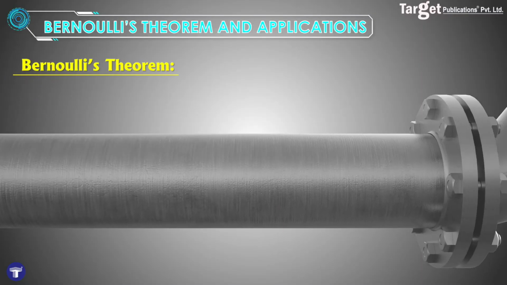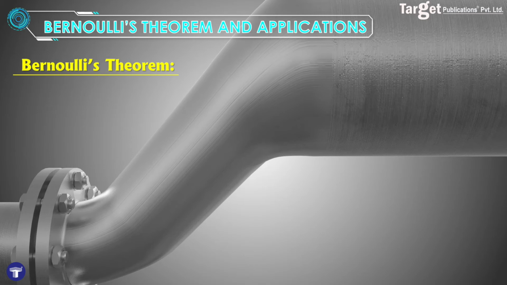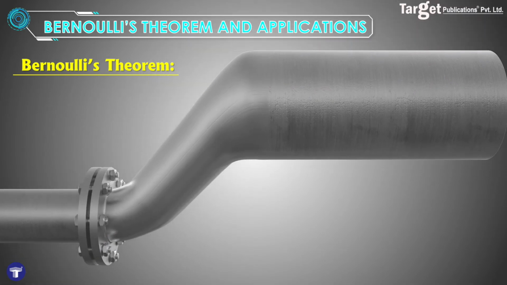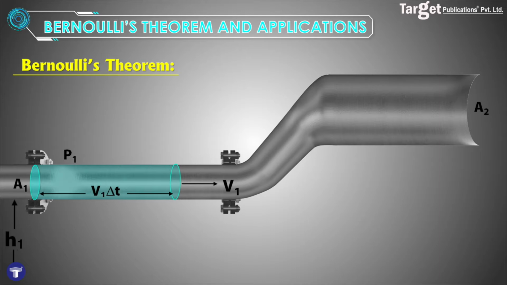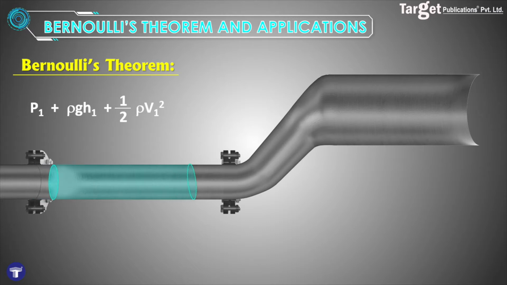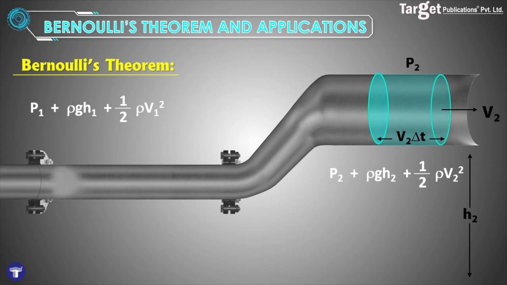If I consider a fluid moving in a pipe of varying cross-sectional area and I apply Bernoulli's theorem to the two ends of the pipe which have different cross-sectional areas, I will find that the sum of the pressure, potential energy per unit volume and kinetic energy per unit volume at one end of the pipe, which has a lower cross-sectional area, is exactly equal to the sum of the pressure, potential energy per unit volume and kinetic energy per unit volume at the other end of the pipe, which has a higher cross-sectional area.